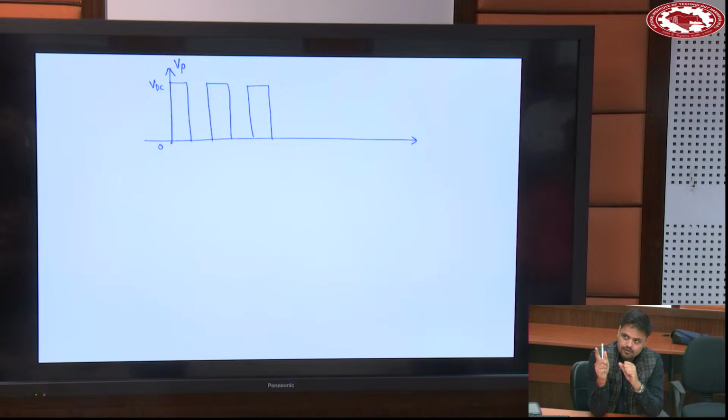The shape of Vp pole voltage is decided by the switching provided at the terminal of S1, because S2 is just complementary of S1. Keeping the switching period constant, you can vary the turn on time in such a way that the average value of pole voltage will have a sine wave.